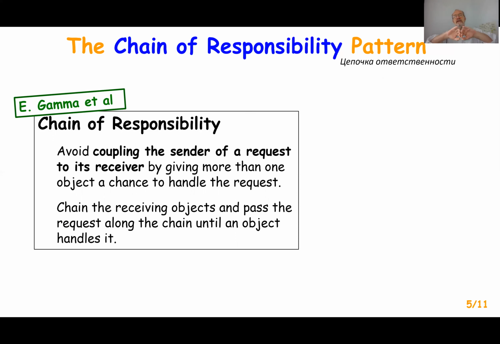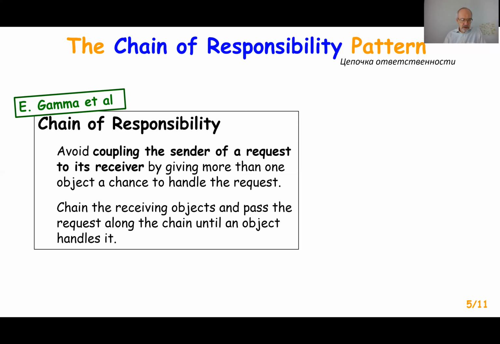So it decouples two parts of your software system, or two parts of functionality of your system. There is a request or a call for some services, and this pattern decouples the sender of the request, the caller, from the callee, and chains the receiving objects and passes the request along the chain until an object handles it.